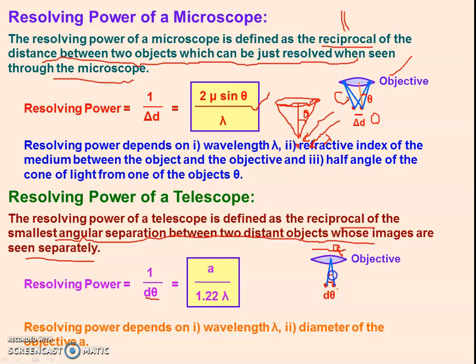The angle made by these two objects with the objective lens is d theta, right? So the reciprocal of d theta is the resolving power of the telescope, and it is A divided by 1.22 lambda. The resolving power depends on wavelength and diameter of the objective, right?